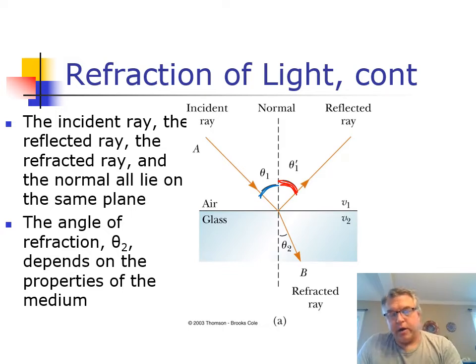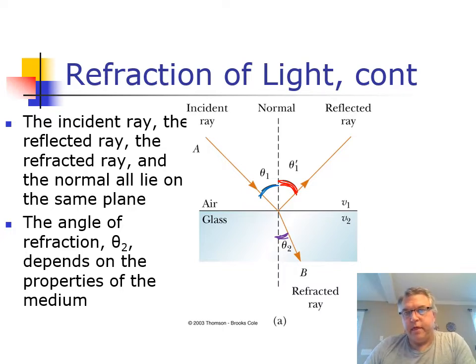But I also have my angle of refraction, which is right here, and that is the angle between the refracted ray and the normal. And remember, we always draw our normal perpendicular to the plane of the surface that the ray of light is either reflecting or refracting through.